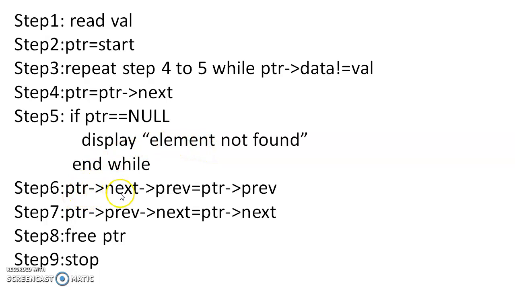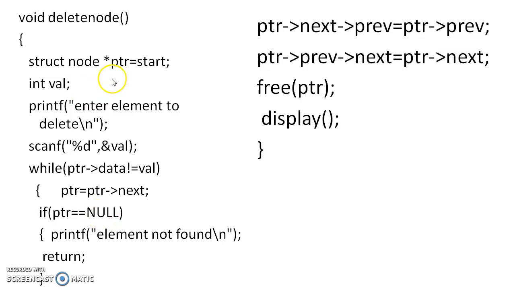The next node of the pointer is pointing to the previous node, and the previous node of the pointer is pointing to the next node of the pointer. Then that particular pointer is removed, that is, we free that pointer. We write this in the form of a function. The function takes the pointer pointing to the start, and the element that I want to delete is the value. I read that value, and while the pointer of data is not equivalent to value, I go to the next node.